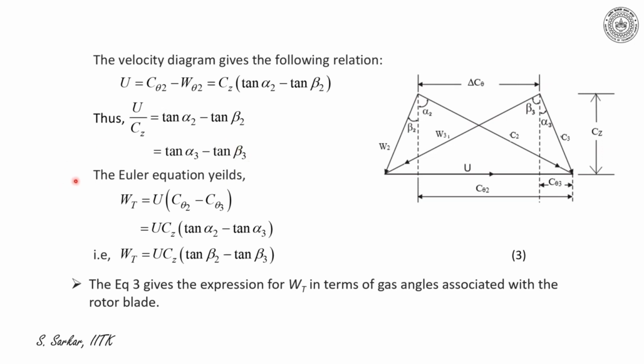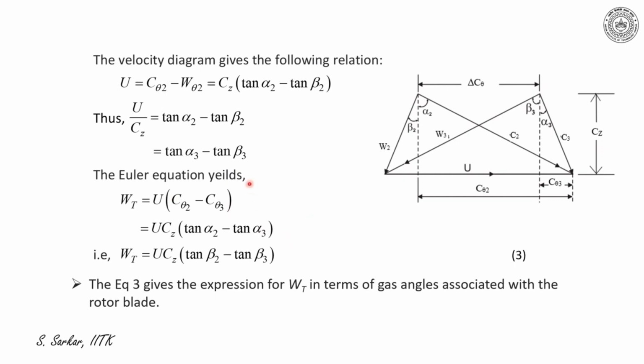Now, the Euler equation yields Wt is equal to U into C theta 2 minus C theta 3. Thus, Wt would be equal to U into Cz into tan alpha 2 minus tan alpha 3. This relation I get by putting the expressions of C theta 2 and C theta 3.